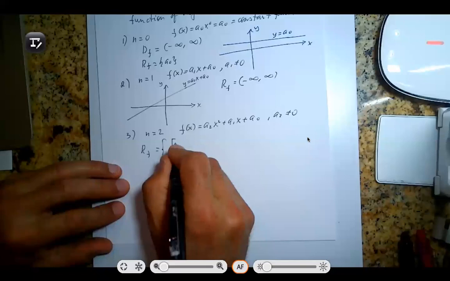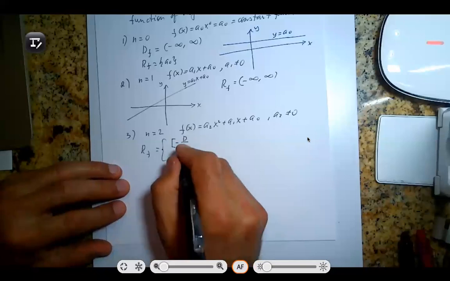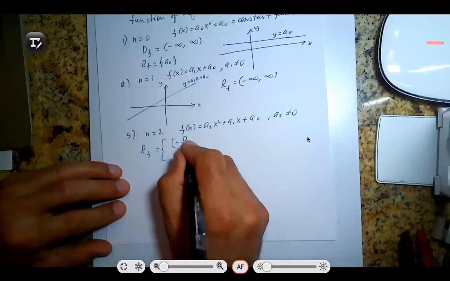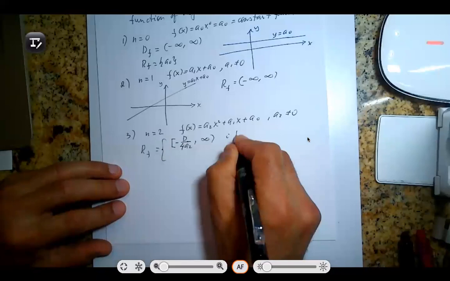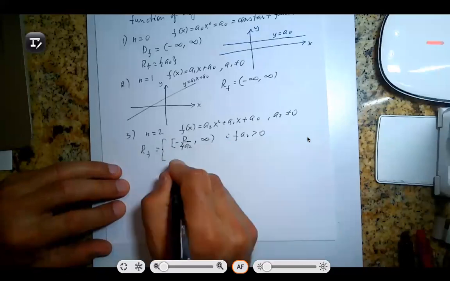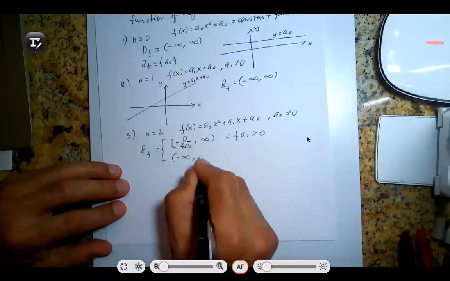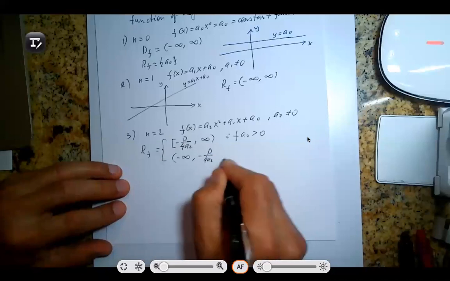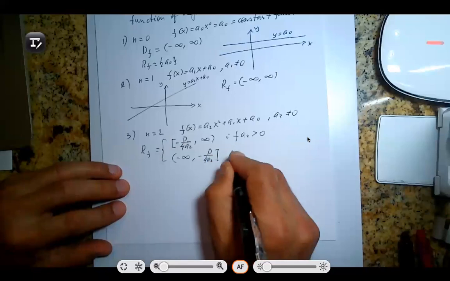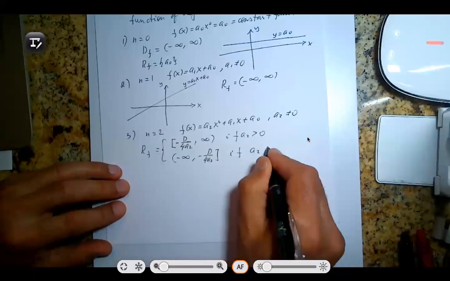Bracket negative d over 4a sub 2 to infinity if a sub 2 is positive, and negative infinity to negative d over 4a sub 2 if a sub 2 is negative.